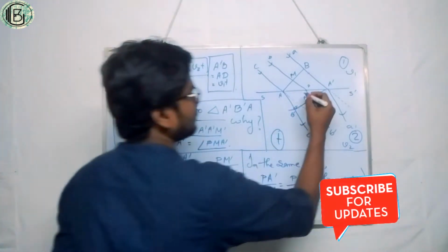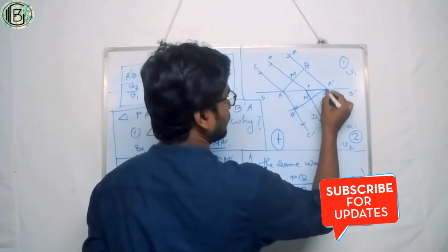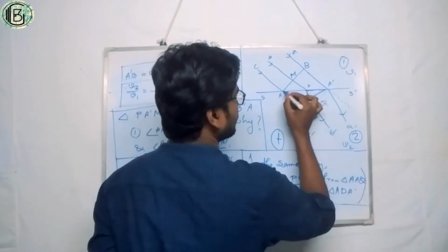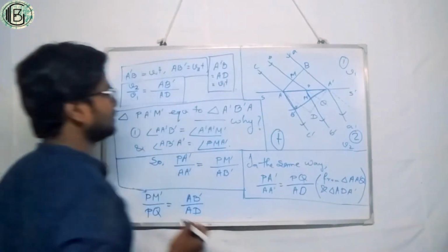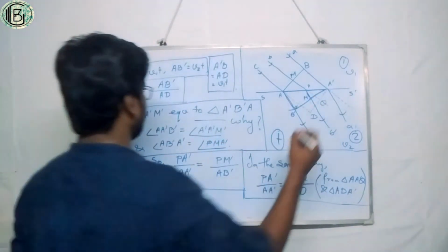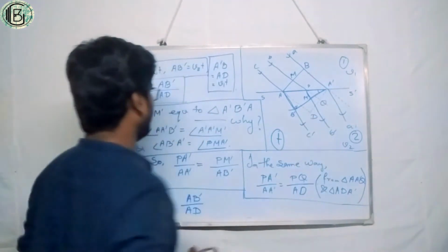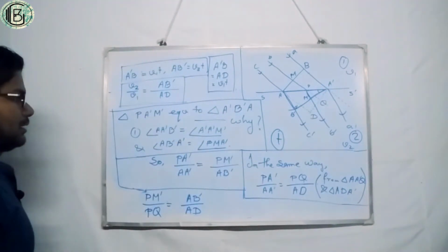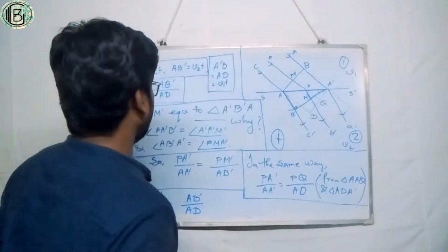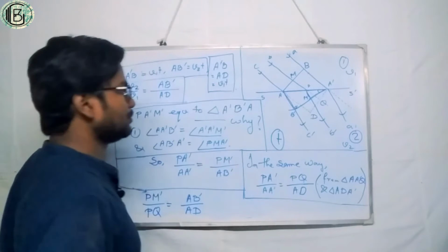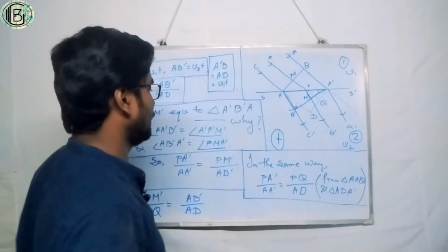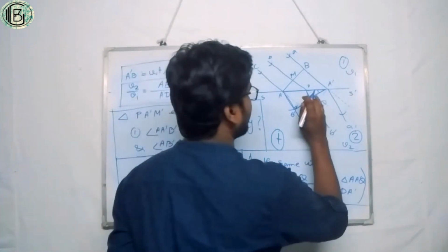So this triangle and this triangle. In these two triangles, we can see that angle A prime, B prime is equivalent to angle A prime, M prime.